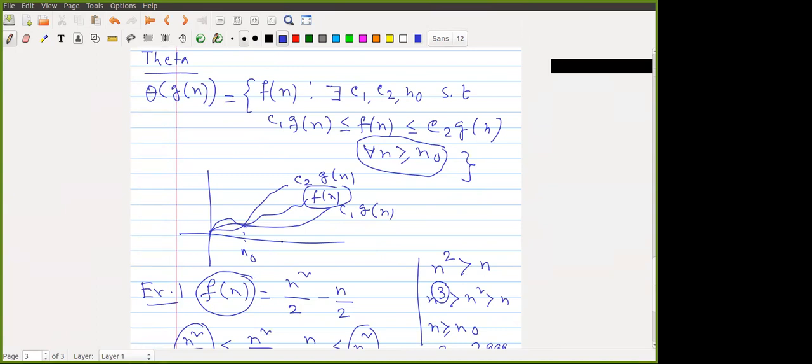Since we are considering asymptotics, it may be the case that some function dominates the other functions once the value of n reaches a threshold, which we define as n naught. But since we are doing asymptotics, it doesn't matter. Is this okay?